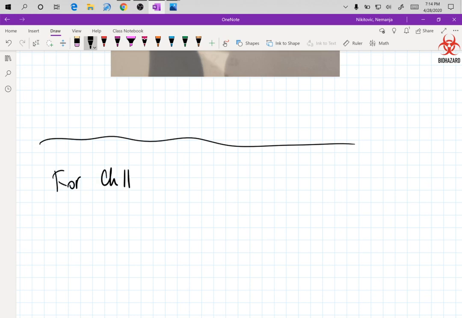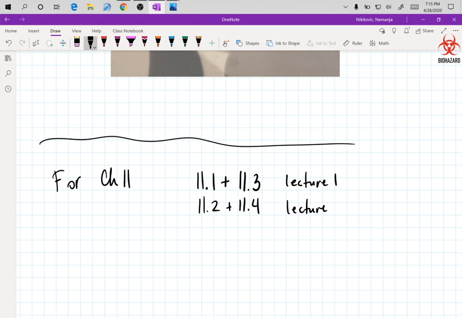For chapter 11, I will teach 11.1 and 11.3, and that's going to be this Thursday. And then sometimes next week, depending on what you deal with your exam, it will be 11.2 plus 11.4, right? So I'll call this lecture 1 and then lecture 2.